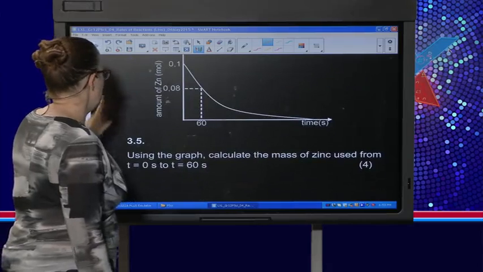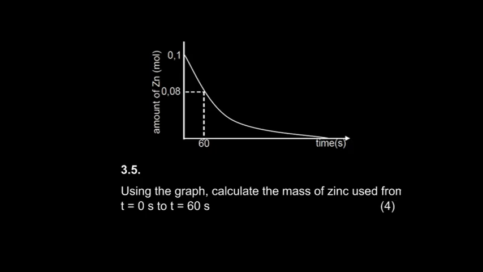Okay? Now they say, using the graph, calculate the mass of the zinc used from 0 seconds to 60 seconds. So they nicely drew these lines on us. So they tell us the number of moles of zinc used, we started at 0.1. After 60 seconds, we have 0.08 left. We want to know the mass of the zinc used.